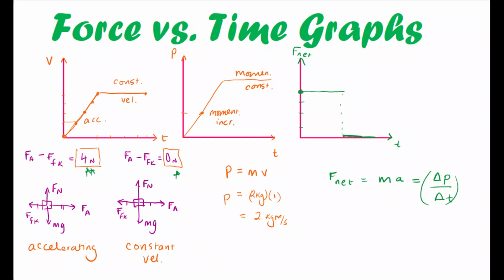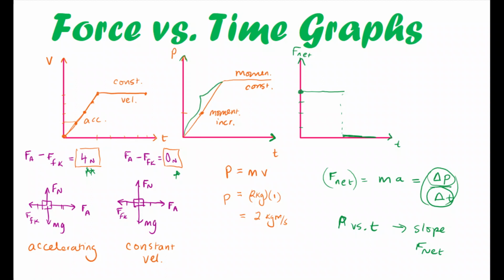Because we know that net force is the rate of change of momentum, that's like saying on a momentum versus time graph, so on a P versus T graph, the slope should tell me the net force, because the change in the momentum divided by the change in the time, which is how you would find the slope from this graph in the middle here, that would tell you the net force.